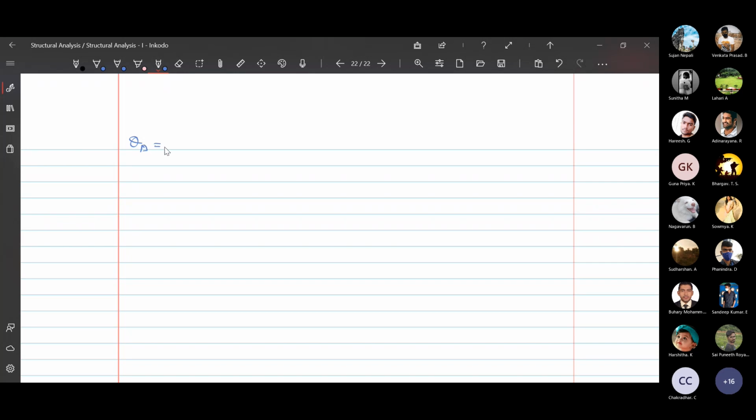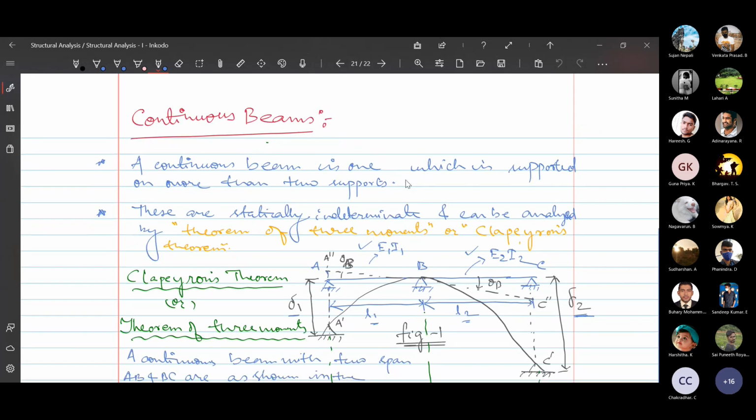Theta B is the angle made by the tangent to the elastic curve at B with the horizontal.